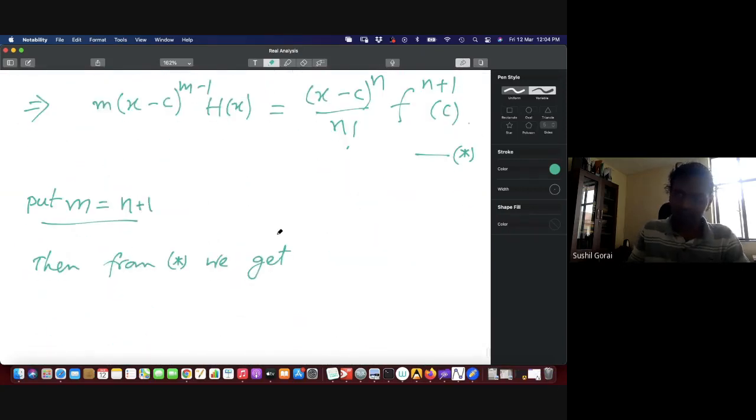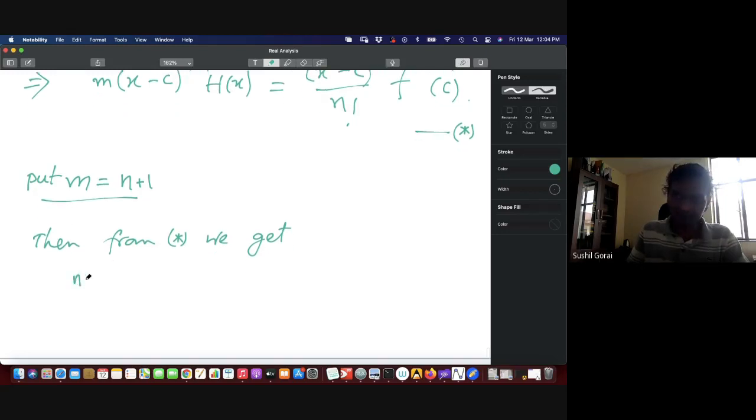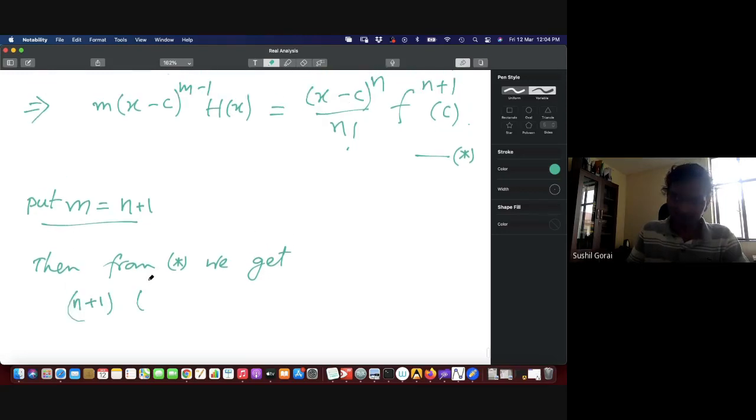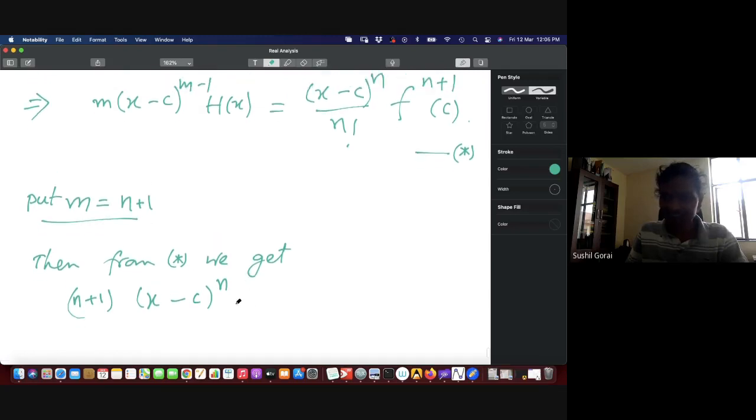Right, you are right. So we get (n plus 1)(x minus c). Now you see that gets cancelled. Yeah, I got confused in this. In (n plus 1) h(x), (x minus c) to the power n, f^(n+1)(c) by factorial n.